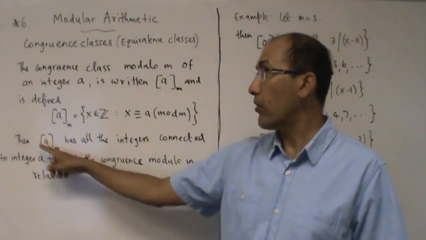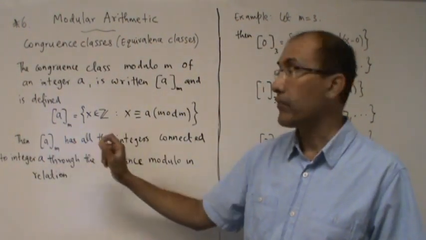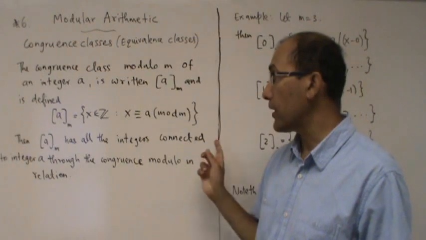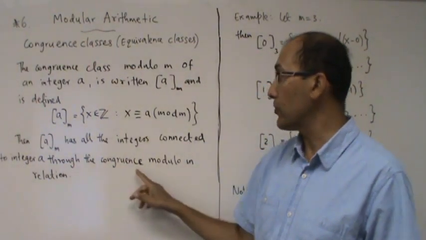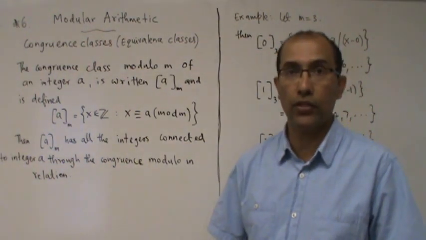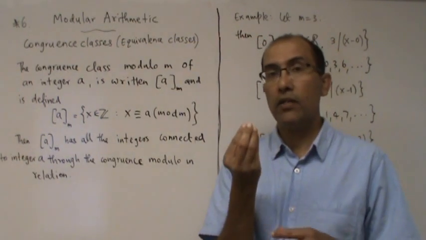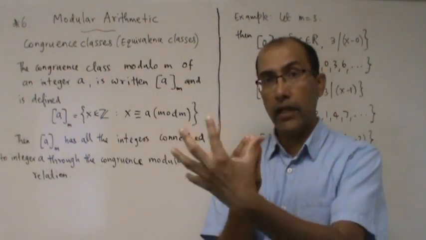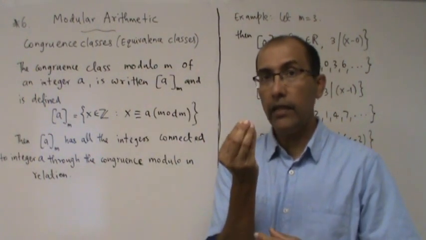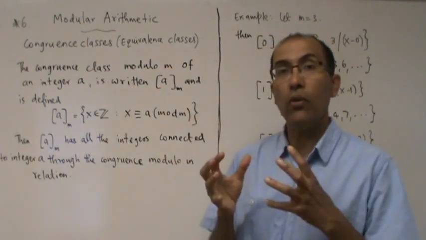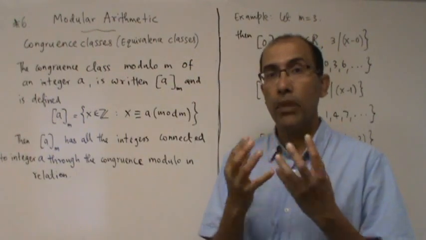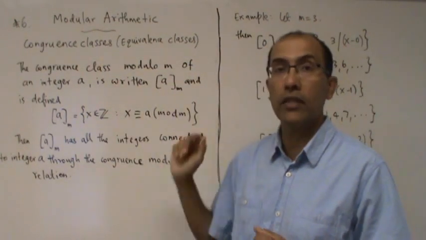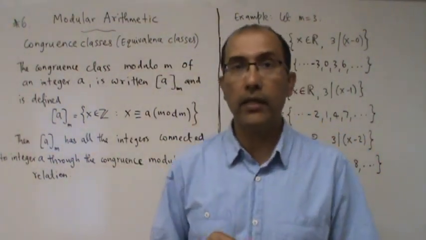That means the congruence class of a has all the integers connected to integer a through the congruence modulo m relationship. So if I have an integer a, then all the integers connected to this integer a through the congruence modulo m relationship belong to that congruence class. Let's look at an example.